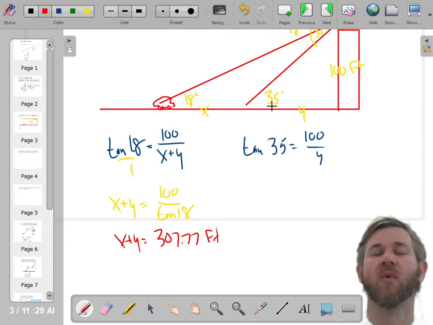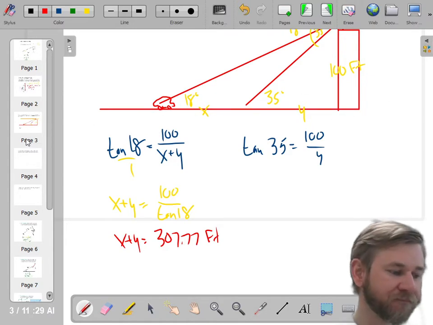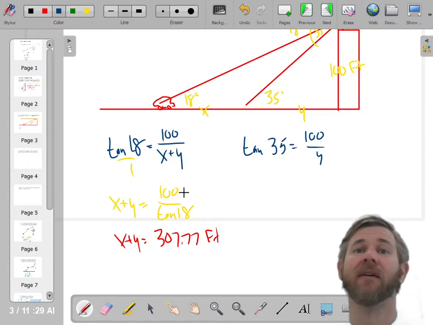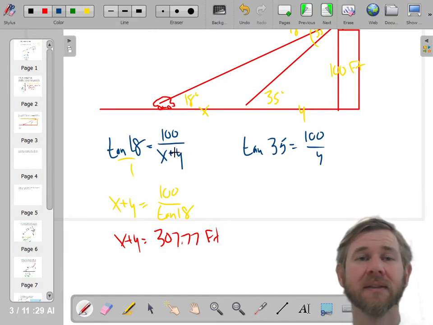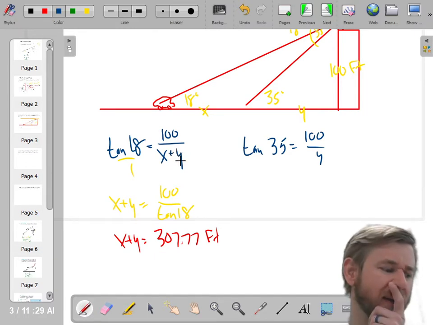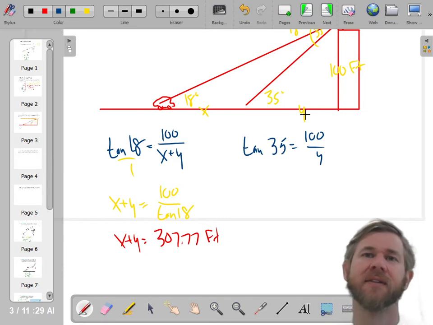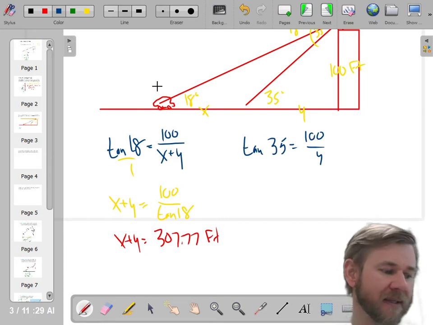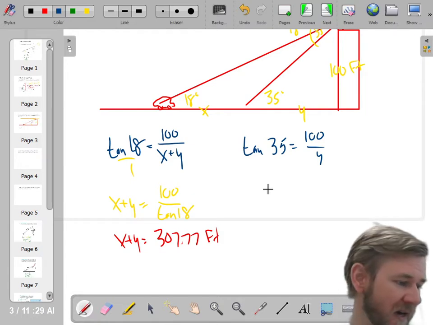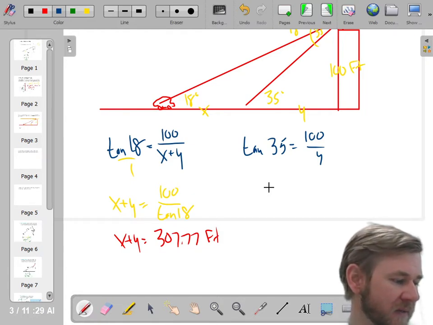We know how far the car was at the beginning, which means now I can figure out x, right? Because if I know it's x plus y, I can plug this in, or maybe I can figure out y. Yeah, I can figure out y. If I know these two, I can figure out y, because tangent of 35 is 100 over y.